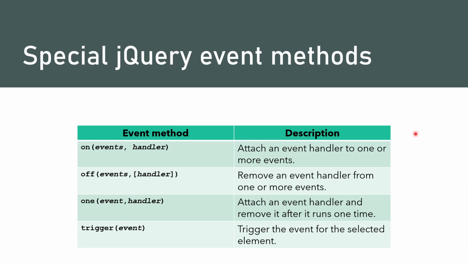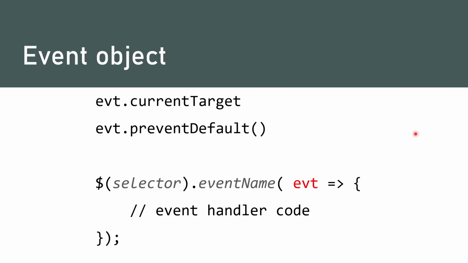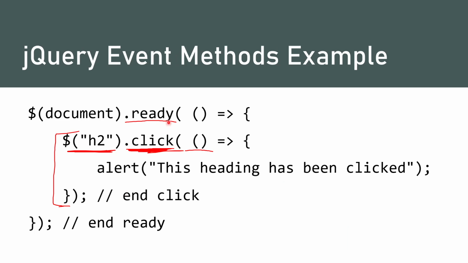So the event methods that are in that list of most useful jQuery event methods in your textbook, those just take the event handler, that function, as a parameter. For example, if I go back to this, like the ready event method and the click event method, the only things inside of the parentheses for each of those methods is the function, is the event handler.